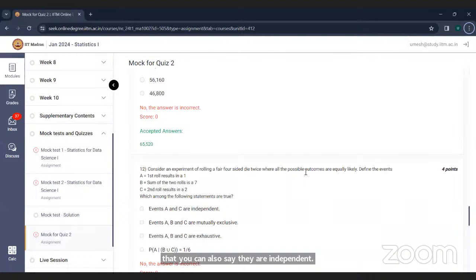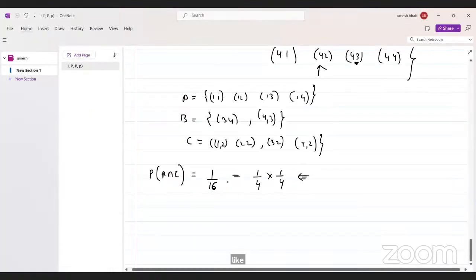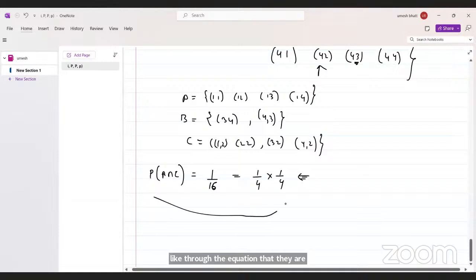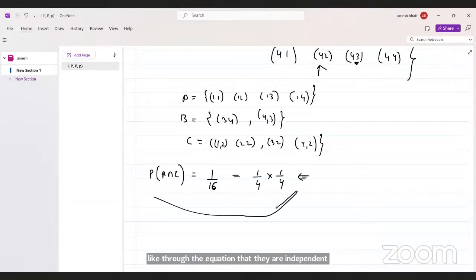Sir, how did you come to the conclusion through the equation that they are independent? What is the definition of independence?